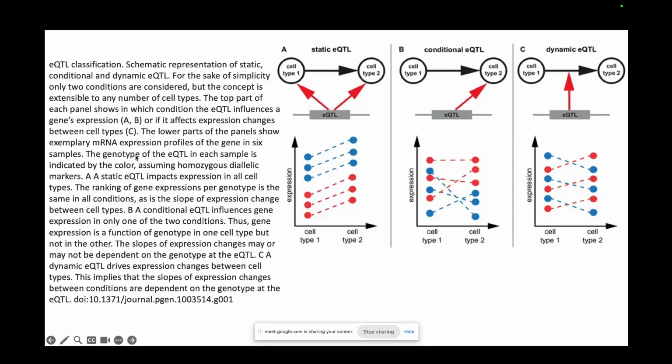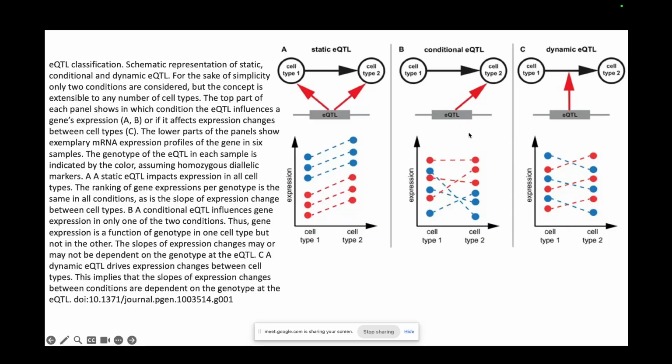The genotype of the eQTL in each sample is indicated by the color, assuming homozygous diallelic markers. A static eQTL impacts expression in all cell types. The ranking of gene expression per genotype is the same in all conditions, as is the slope of expression change between cell types. A conditional eQTL influences gene expression only in one of the two conditions, and thus gene expression is a function of genotype in one cell but not the other.